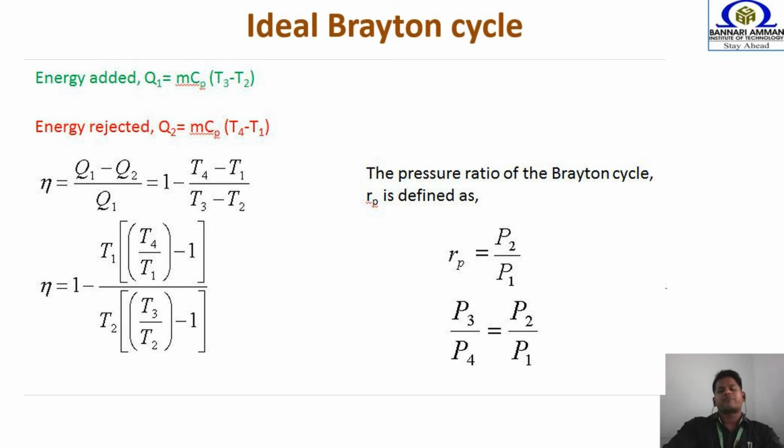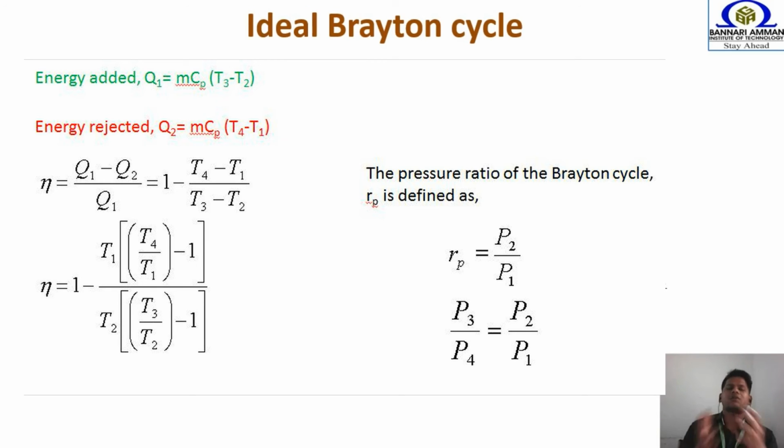Now we are going to discuss how we can compute the performance, or efficiency, of the ideal Brayton cycle. We are going to discuss how much energy is really needed in this Brayton cycle, what the formula is for calculating that energy and how it is derived, and how we can find the amount of energy to be rejected from this Brayton cycle.